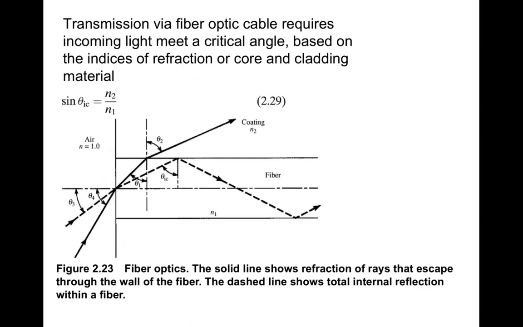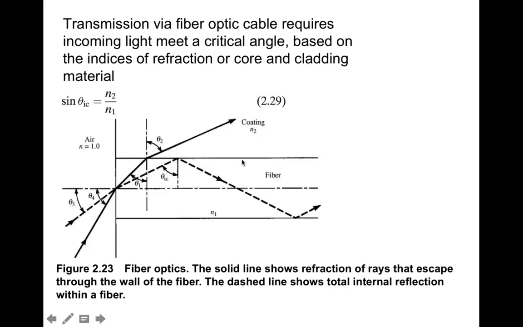Now, once you have your emitted light, you then have to deliver it wherever you're going. One of the best ways to do that is via fiber optic cable. In a fiber optic cable you have the fiber and then you have some kind of clad or coating on the outside of the fiber.